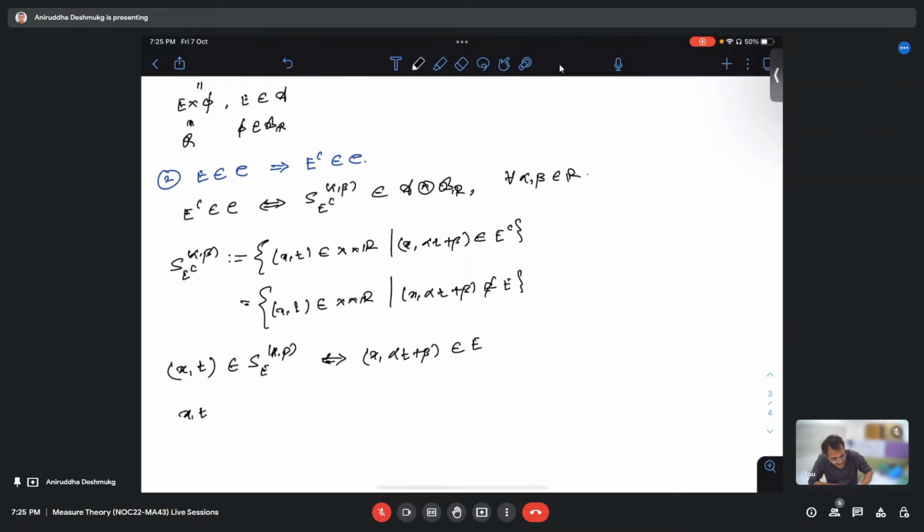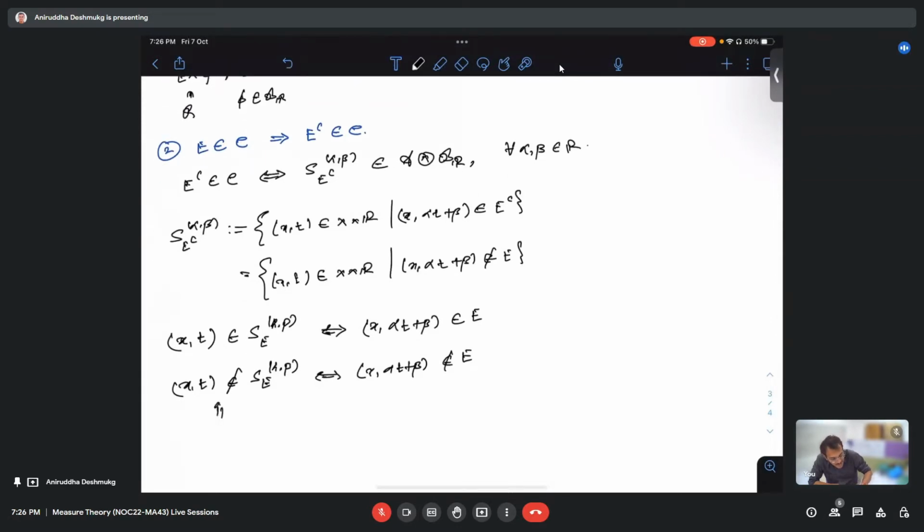But then x comma t is not inside S of E alpha beta if and only if x comma alpha t plus beta is not inside E. But the left hand side means that x comma t is inside S of E alpha beta complement.